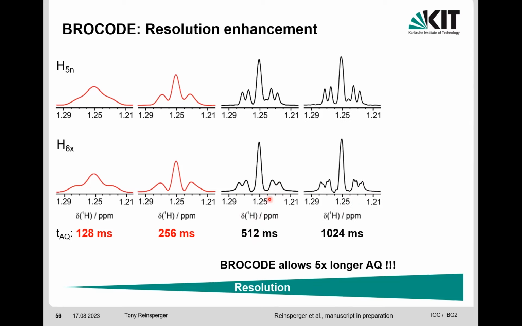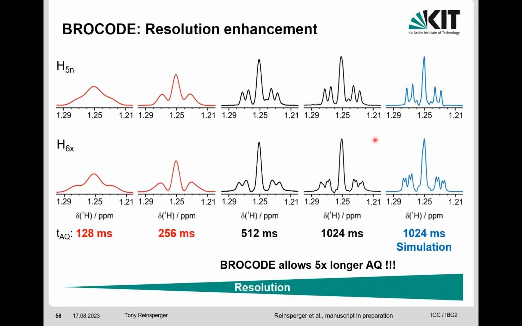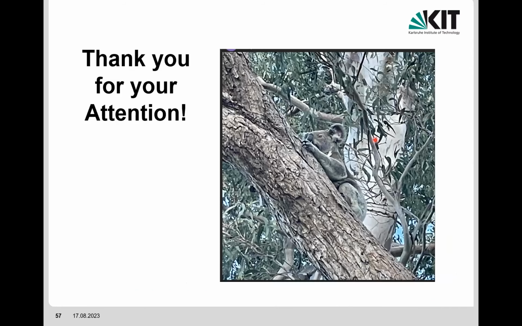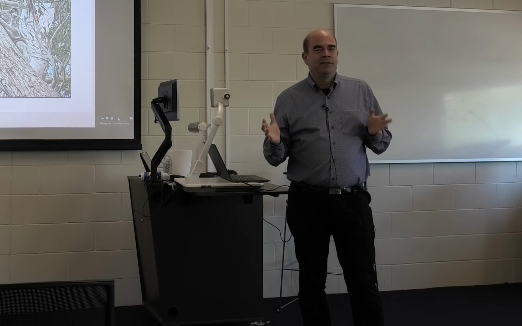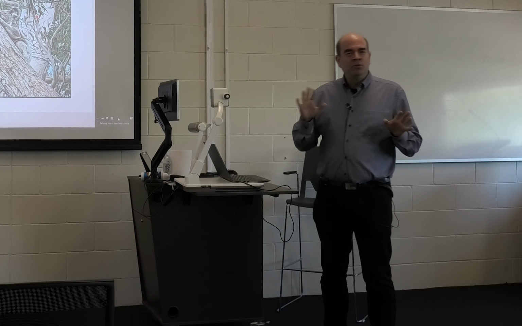And then even 1 second we can acquire, and you see the fine structures here of the multiplet start to come up. And this we could nicely compare with simulations and indeed get out the coupling constants of this strongly coupled spin system.